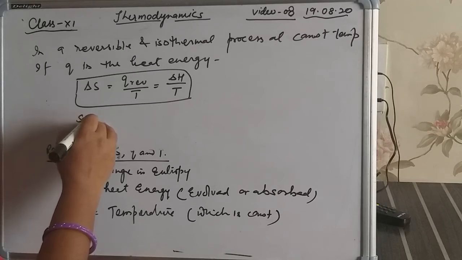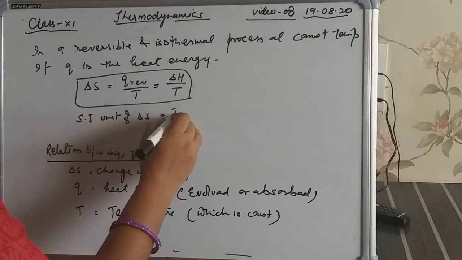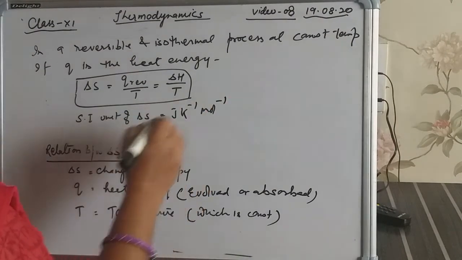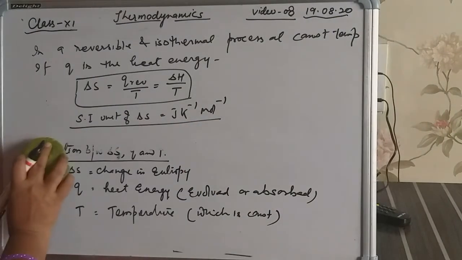And the SI unit of change in entropy is joule Kelvin inverse mole inverse. This is the unit of change in entropy.